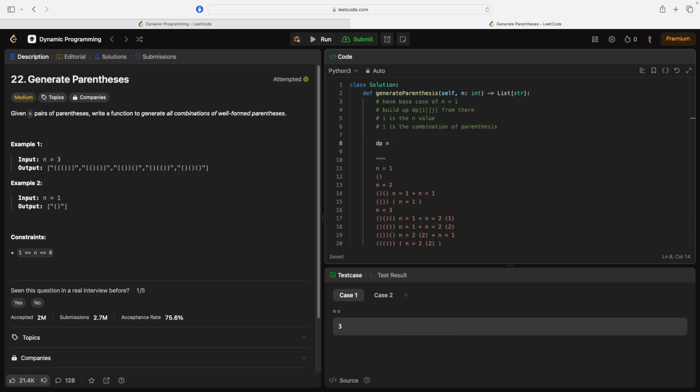It's a 2D array, and we could just say this times 8, because we know that n is going to be no more than 8. Cool.